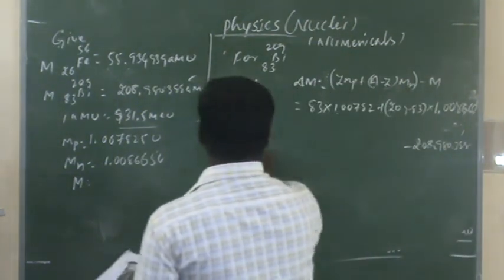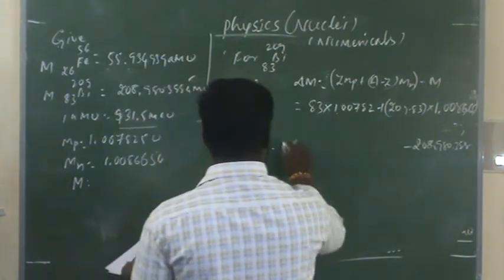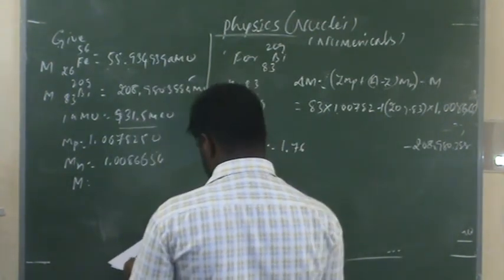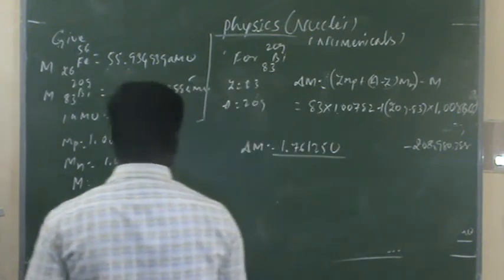So the mass defect is equal to 1.76125 units. This is the mass defect.